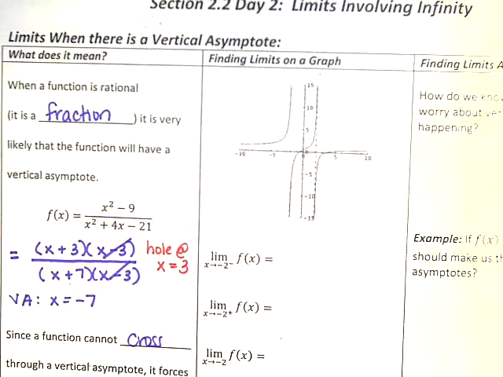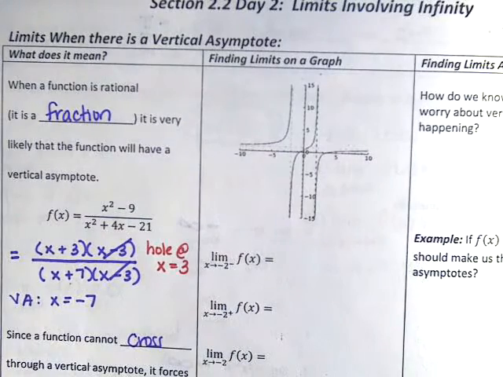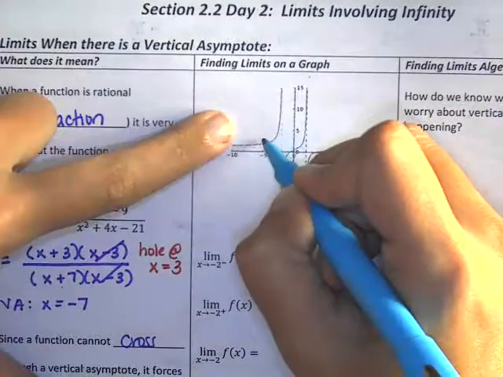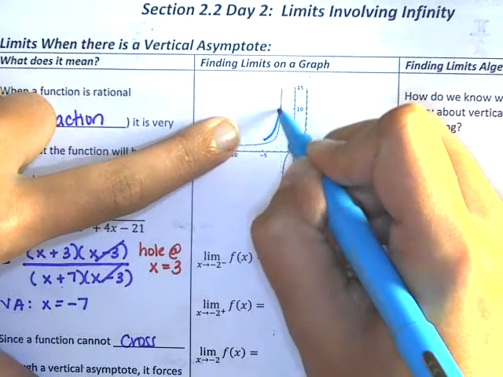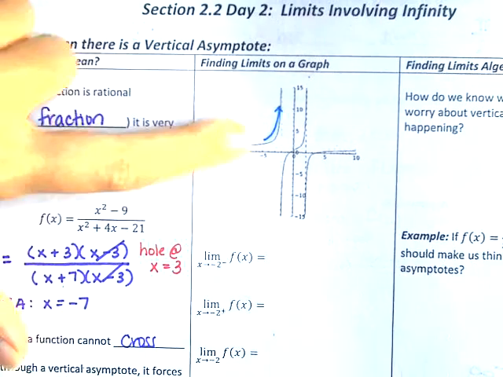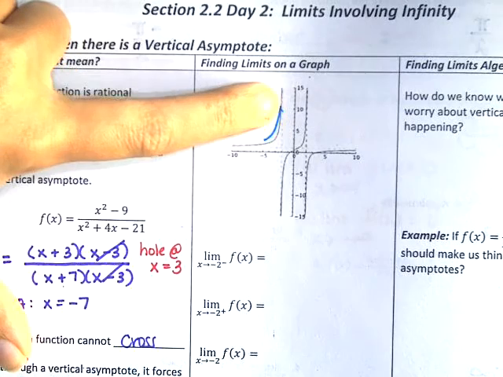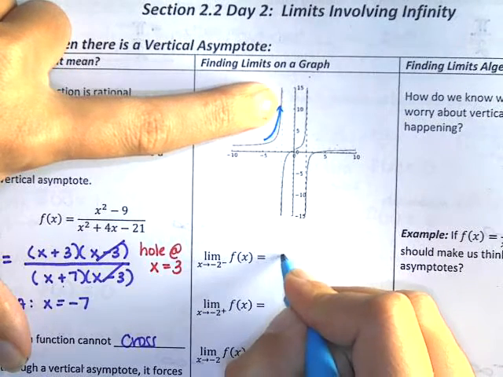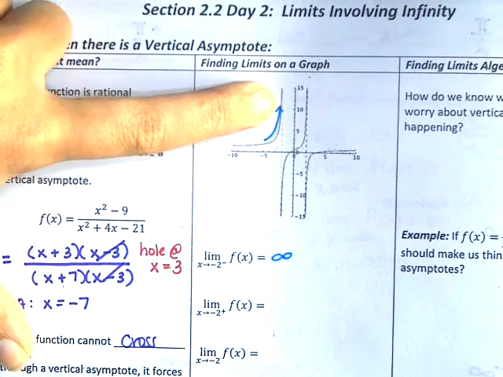If I look at the limit as x approaches negative 2 from the left side, so if I'm starting on the left side of the graph and I'm going towards that from the left side, we can see that the y values of the graph sort of skyrocket. They shoot upwards. When that happens, we say that the limit approaches positive infinity.